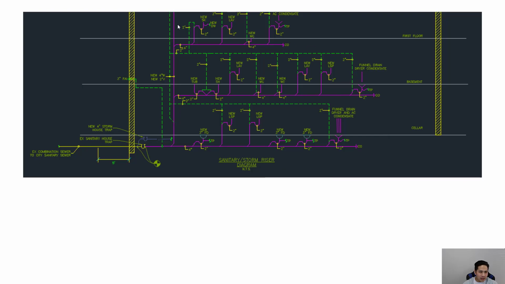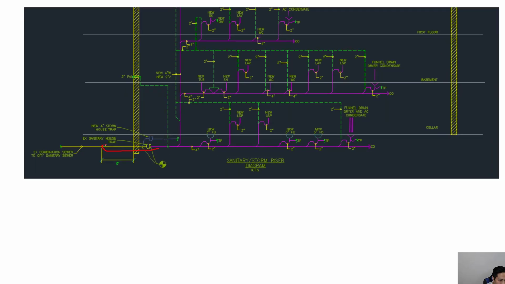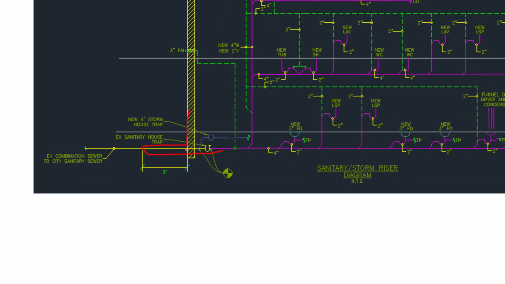So here's the sanitary riser diagram, and I'm showing this diagram to demonstrate what a building drain is and what a building sewer would be. So the building drain would be this part of the piping, this part of the waste piping here, that actually also extends out 5 feet from the exterior wall of the building.